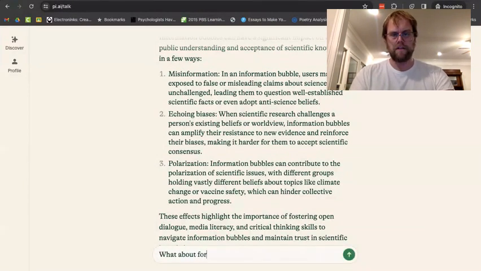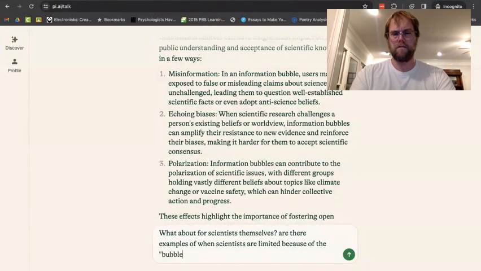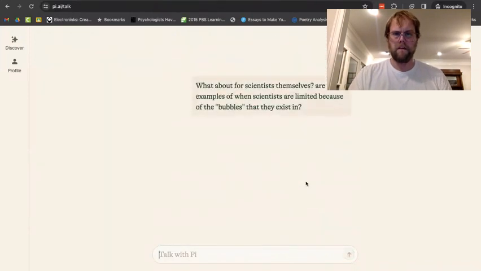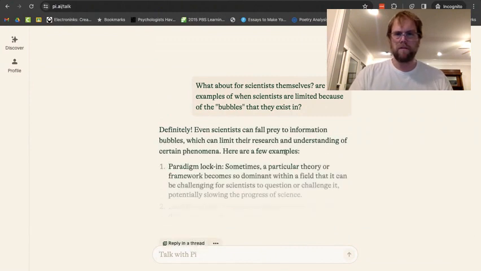What about for scientists themselves? Are there examples of when scientists are limited because of the bubbles that they exist in? Let's see if we can get even this called information bubbles.